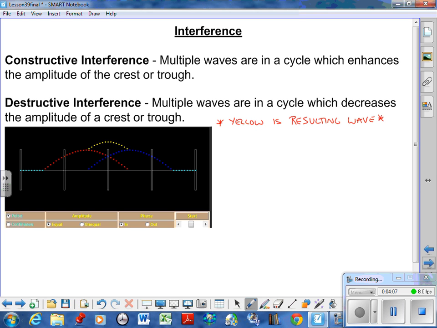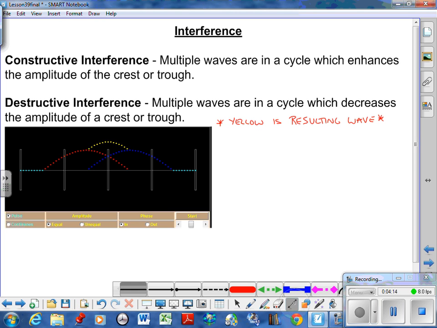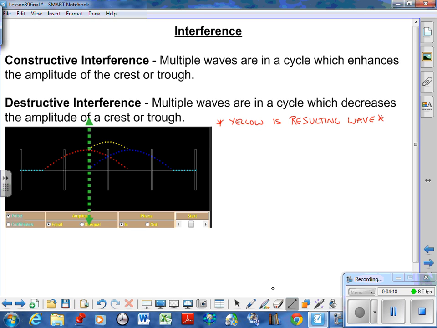So what's happening here? If you were to add the values at those particular points, so for example, right there, right there, right there, those 3 regions, if I was to add up the amplitude, here it's 0 plus 1, the amplitude is 1, so that's why the yellow line is there.